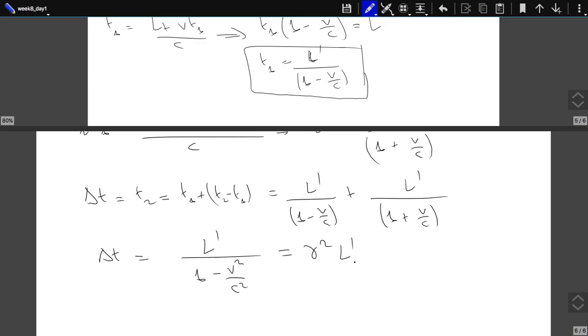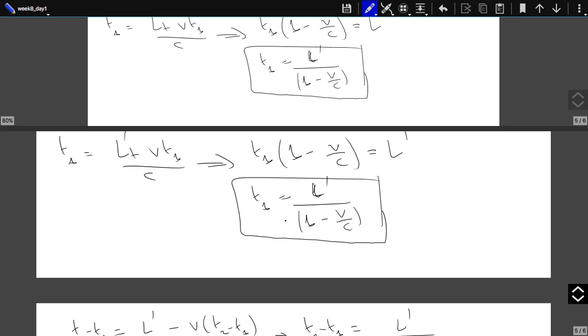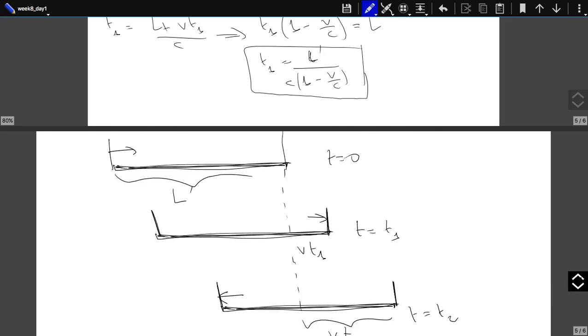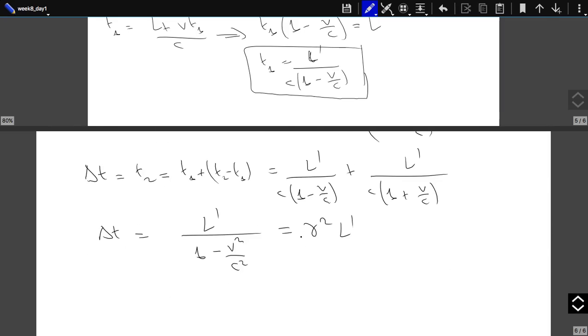The unit of delta t is time, but the unit of L prime is meter. Oh, okay, sorry, here I have a c. This is my delta t.